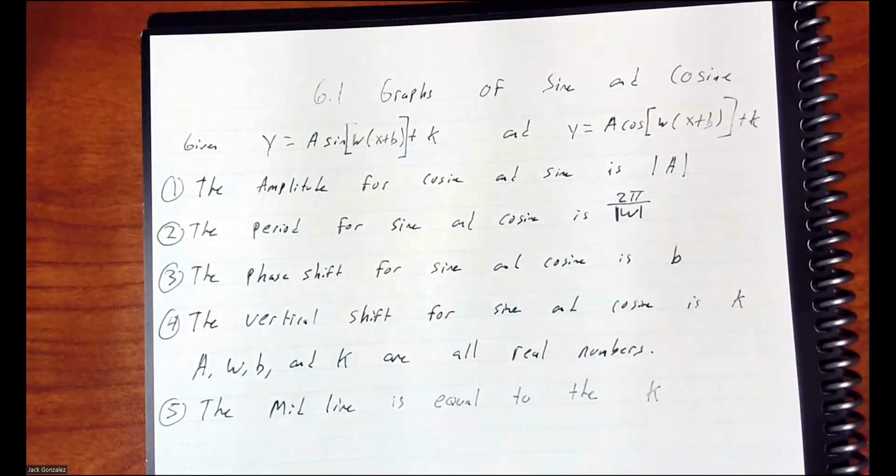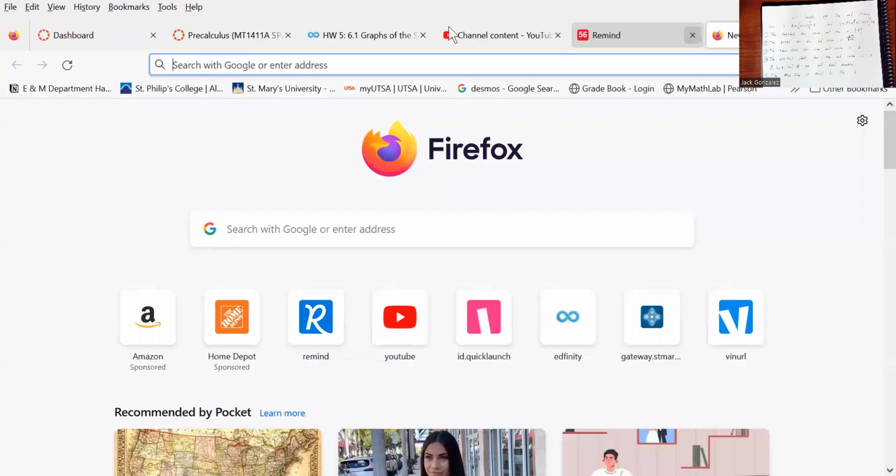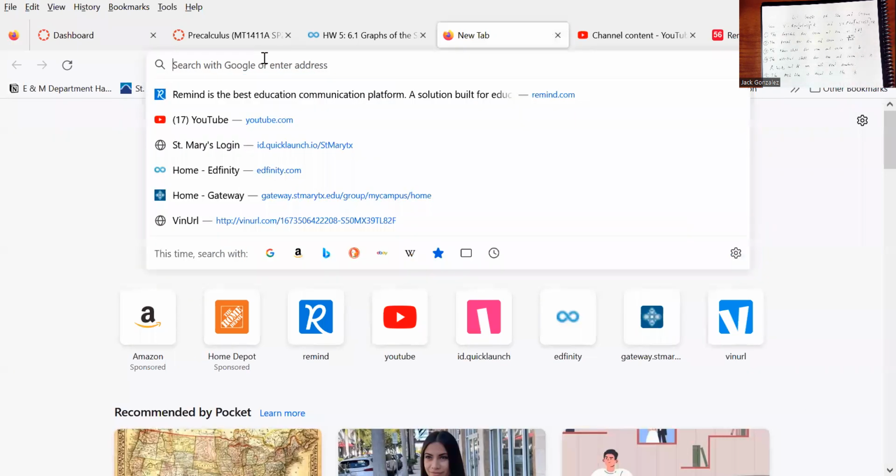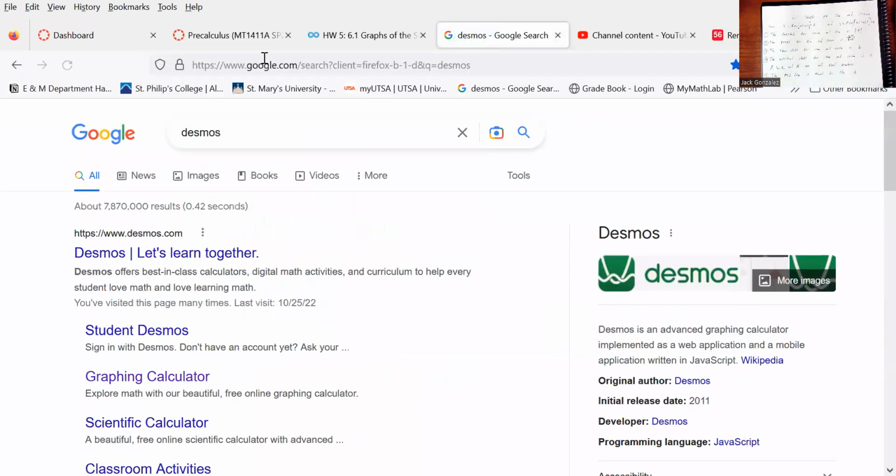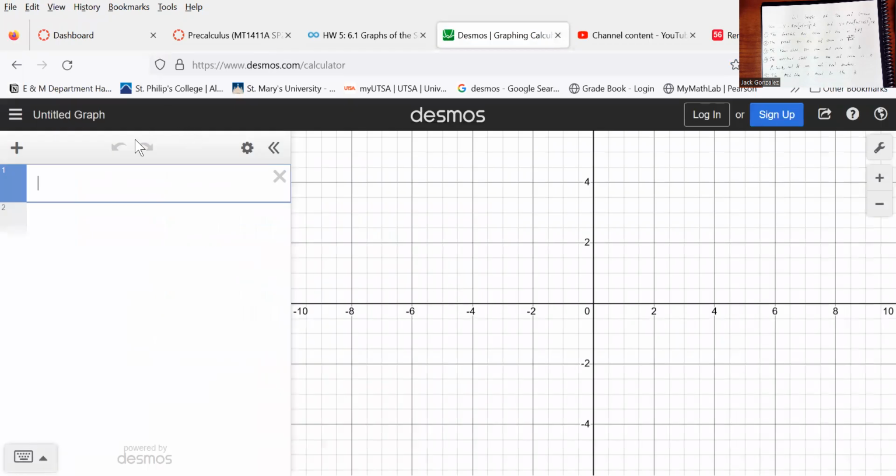All right, so let's look at an actual graph here to see what this stuff looks like. It is very visual. Okay, so I recommend using the Desmos grapher.